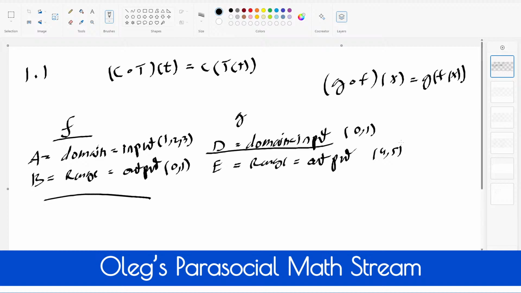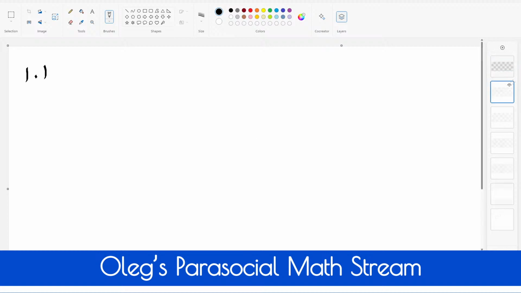Composition of functions defined by formulas. Okay, so consider the functions. Let's just do a new page here. f of x is equal to x squared plus 1, and g of x is equal to 1 over x.